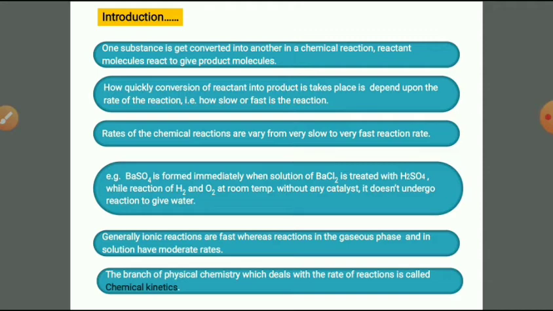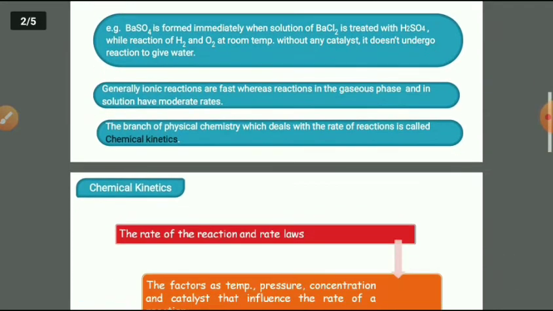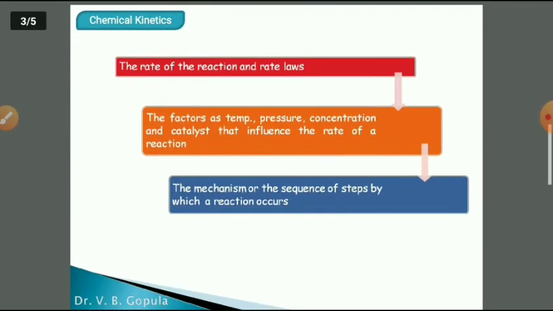So chemical kinetics is the branch of physical chemistry which deals with the study of the rate of reactions. The study of chemical kinetics of a reaction involves three stages.